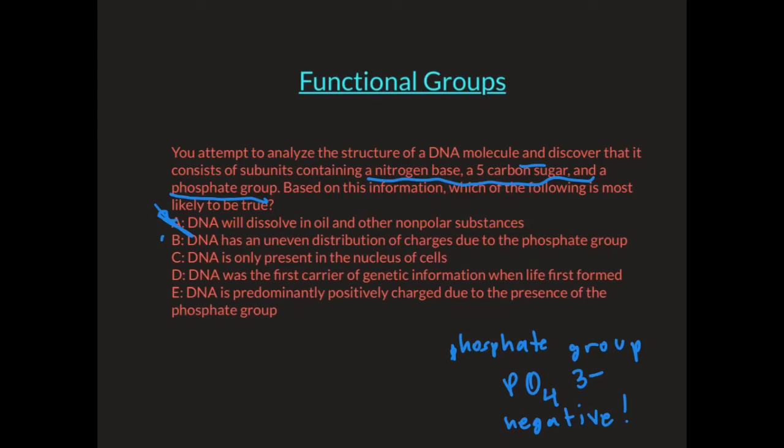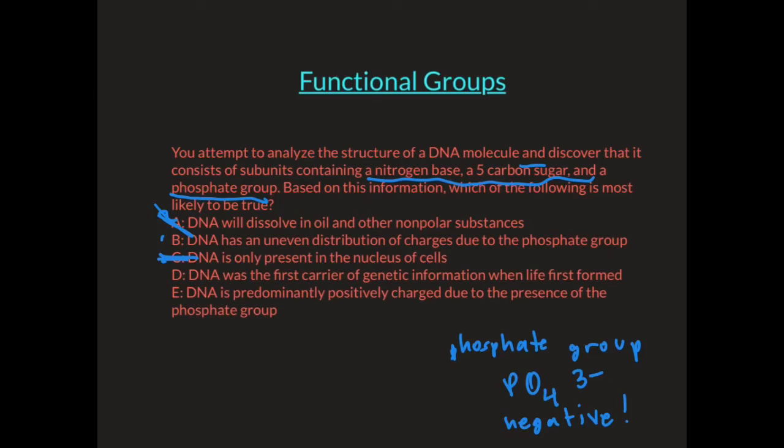C. DNA is only present in the nucleus of cells. Now this is where reading the question carefully is very useful, because if you have a very good understanding of biology, you'll know automatically that this is false, because DNA is also found in certain organelles such as the mitochondria and chloroplasts, and also in many prokaryotic cells like bacteria. Those cells don't even have a nucleus, but they do have DNA. So this statement is automatically false.